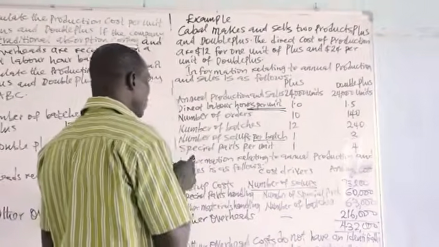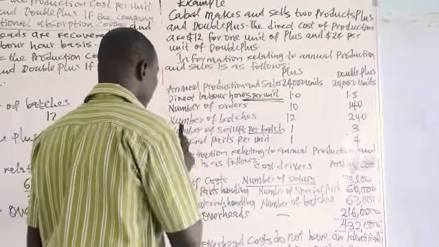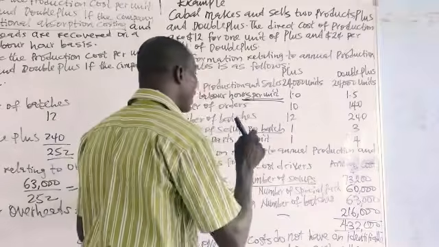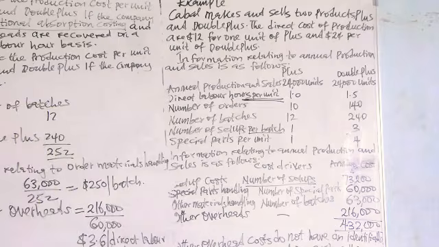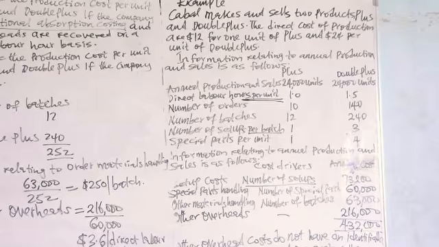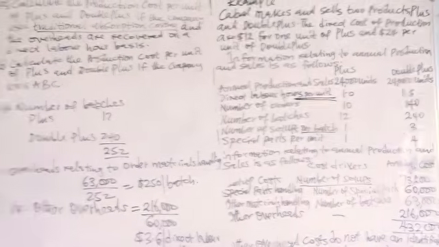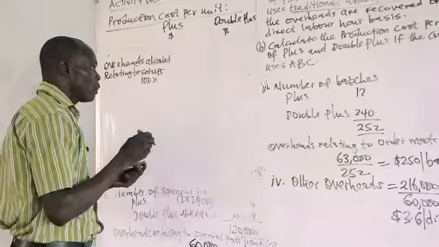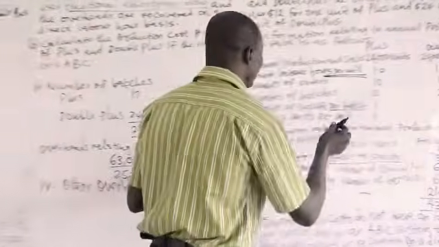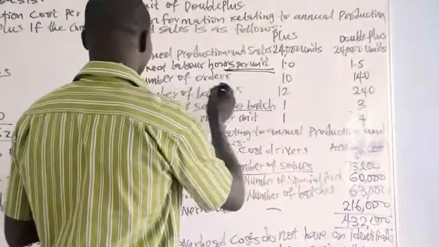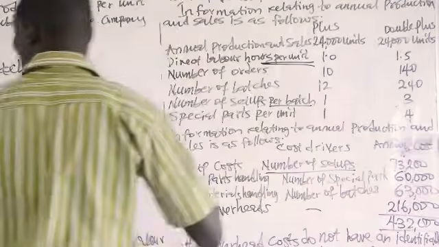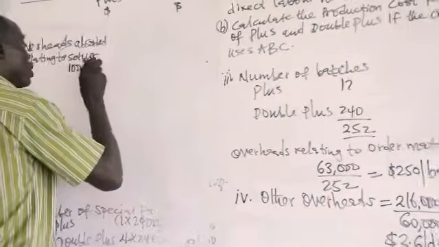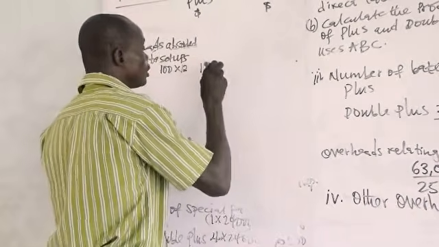Now, how many setups do we have? If it is $100 per setup, and the number of setups required for plus is 1 times 12, which is 12, this one gives us 1,200.